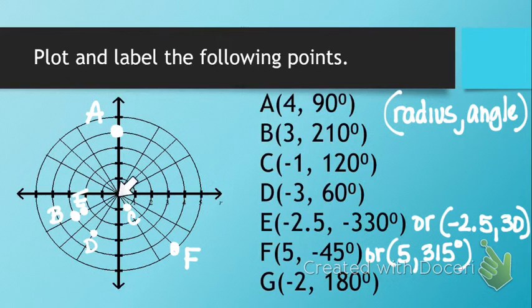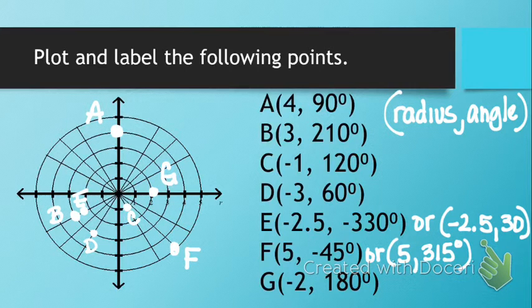But if it was positive 2, I would go to this. I would go to the positive side. But because it's negative, I have to reflect it. It's going to land right there. So this is where it's going to land, right here. So that would be point G.